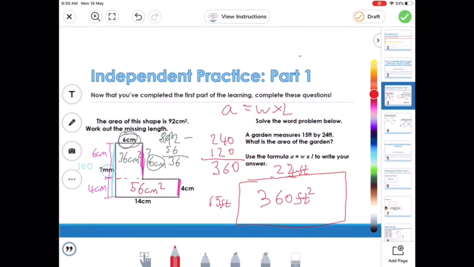And if I put that in the formula, A equals W times L, I'd write it 360 foot squared equals 15 foot times 24 feet.